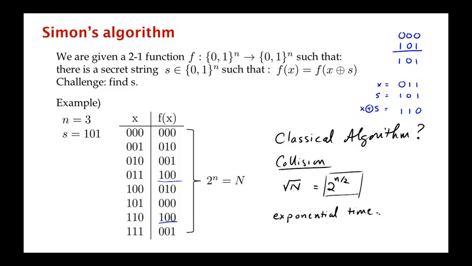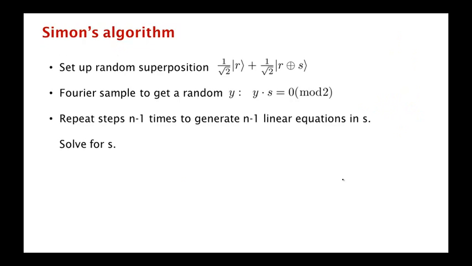So what we're going to see is how to use, again, this Hadamard transform, this Fourier sampling, to solve this problem using a quantum algorithm in only polynomial time, polynomial in n number of steps.